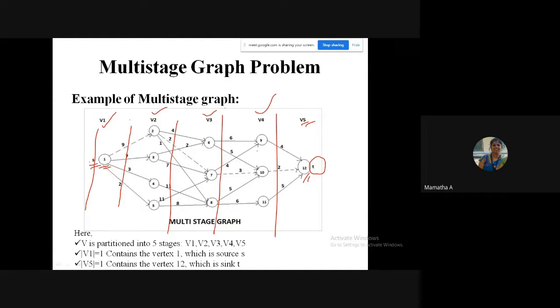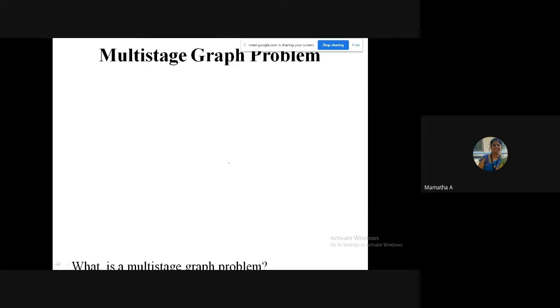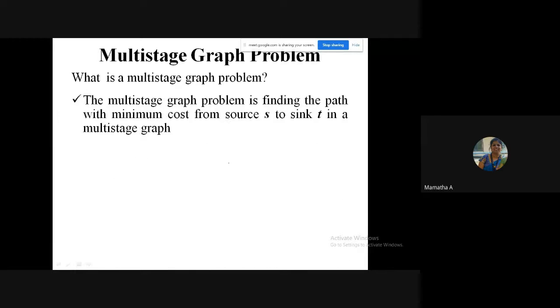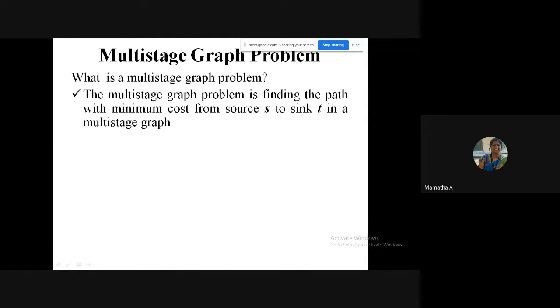Now, can anybody guess what this multi-stage graph problem is? The multi-stage graph problem is nothing but finding the path of minimum cost from the source to the sink node in the graph.